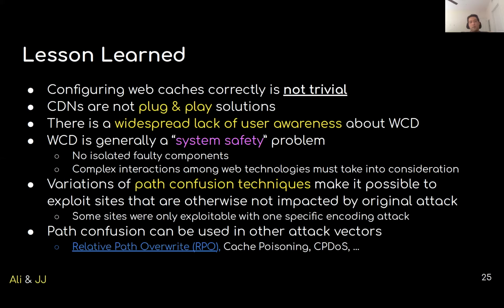But still, we believe web cache deception is a system safety problem. In an environment with web cache deception vulnerabilities, there are no isolated faulty components.